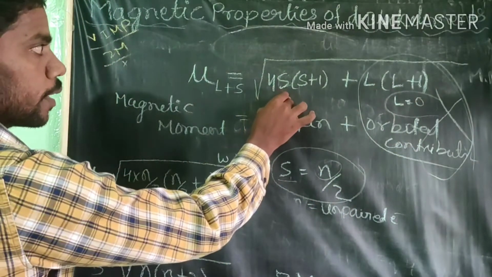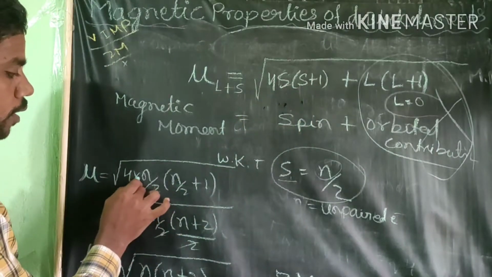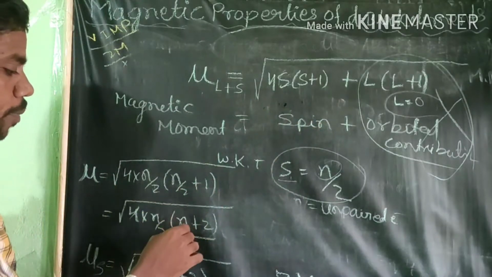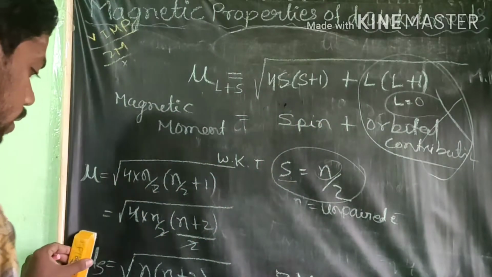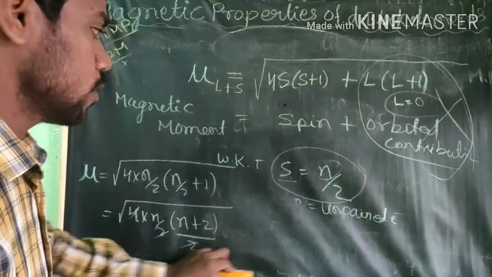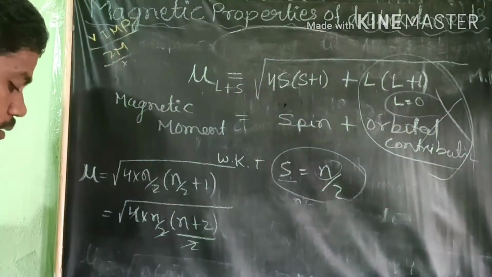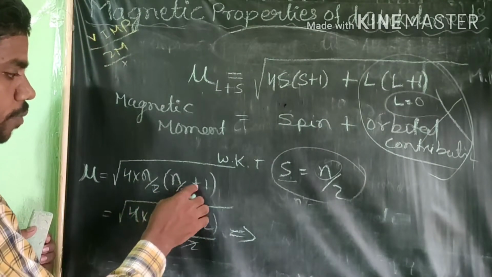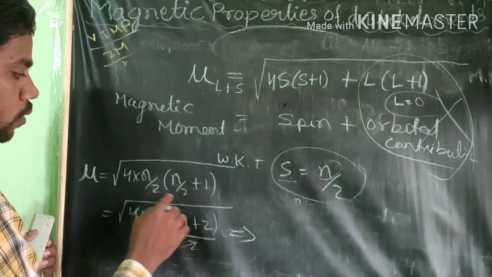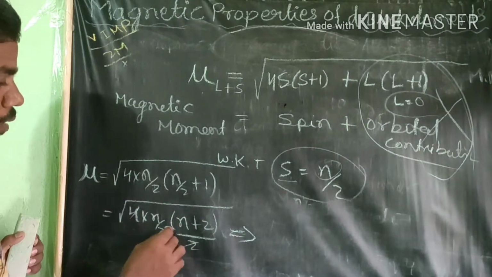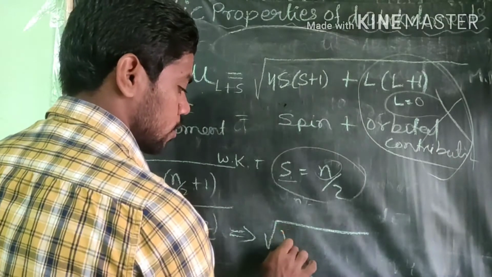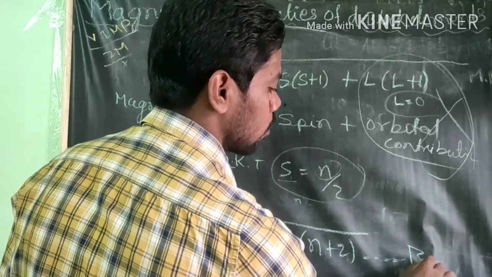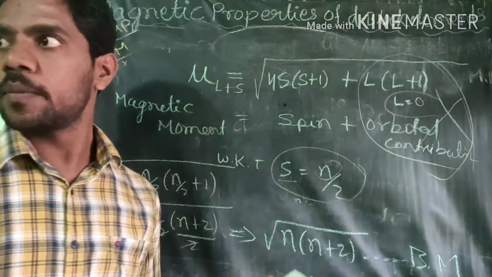After simplification, 4 n by 2 into n plus 2 divided by 2, the 2 into 2, 4, is cancelled. Then this formula becomes the square root of n into n plus 2. The unit of this is Bohr magneton.